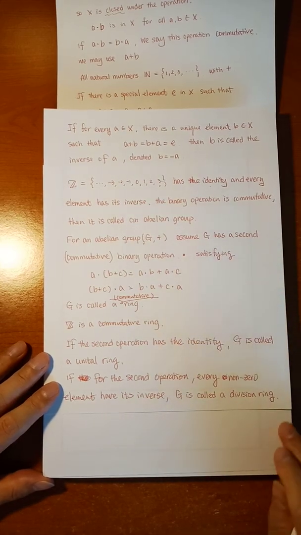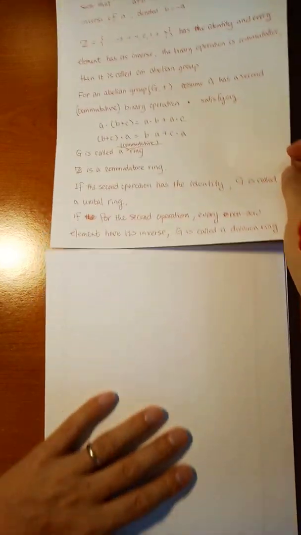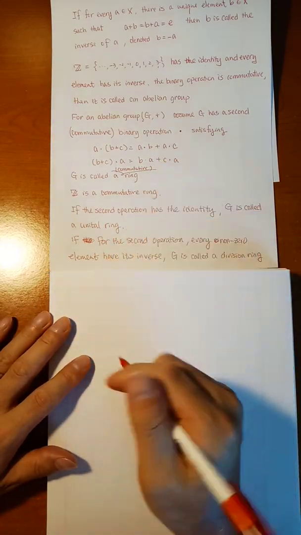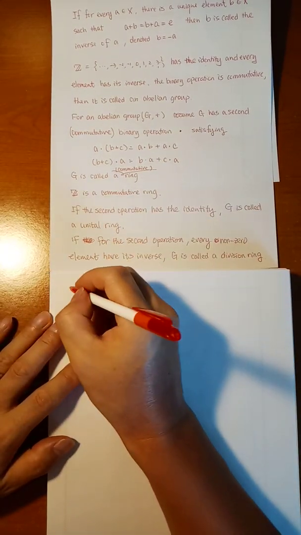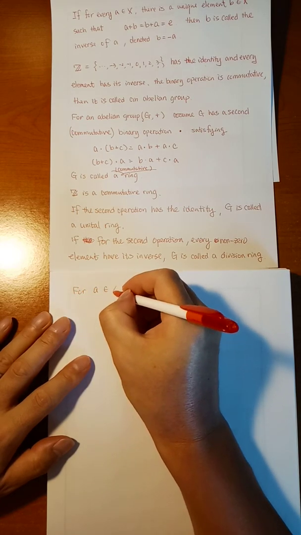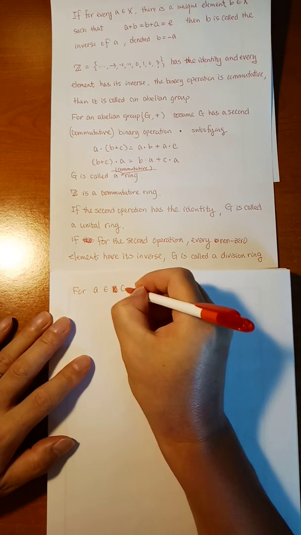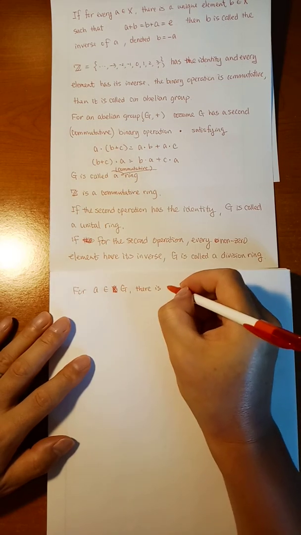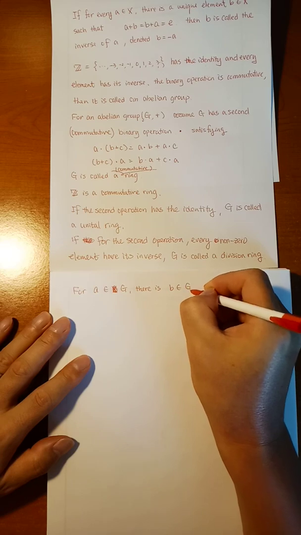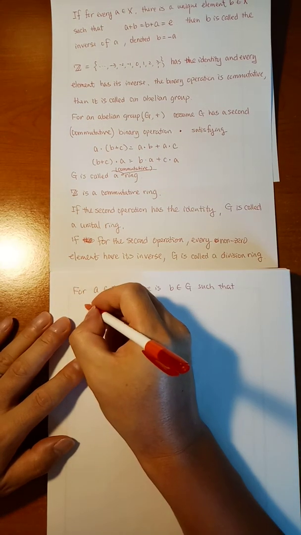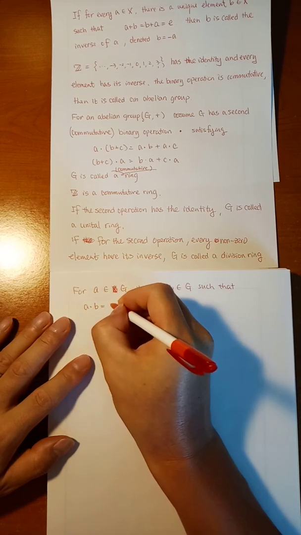Why is it called a division ring? Remember the second operation, we denoted it as a dot. So for a in G, there is b in G such that a times b is equal to 1.